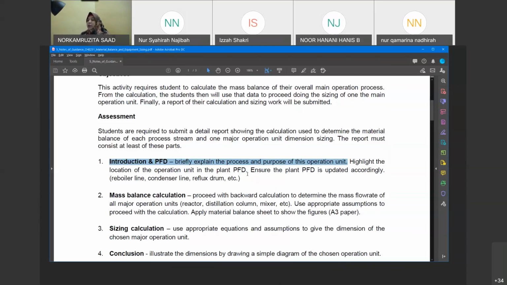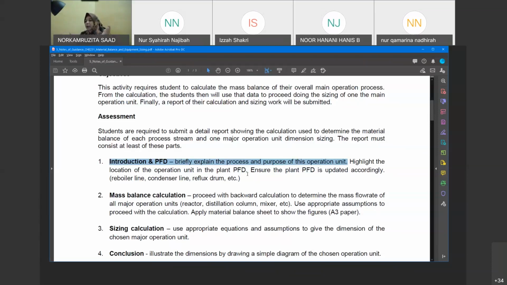Okay, so you know that now your equipment is in between, at the middle part of your plant PFD, okay. Because it is at the middle part, you need to do backward calculation, okay, backward calculation.